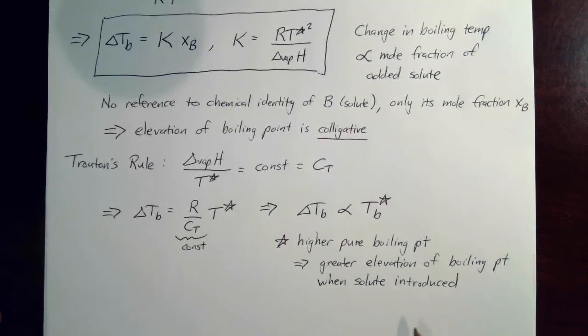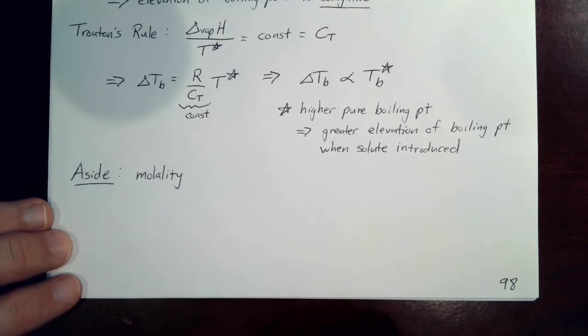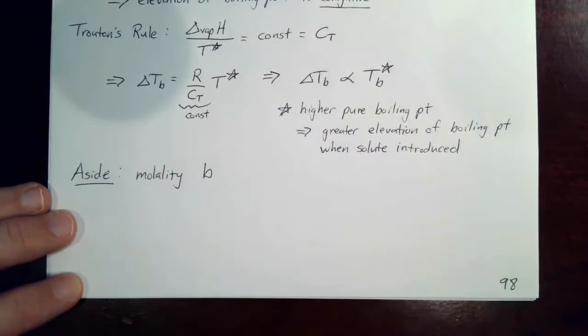All right, the next thing I'm going to do is I want to talk about how these things are measured in a lab. And to do that, I need to talk about molality. So I'm going to do a quick aside where I talk about the definition of molality and how we can relate that back to mole fraction. Okay, so the molality, lowercase b is the symbol.